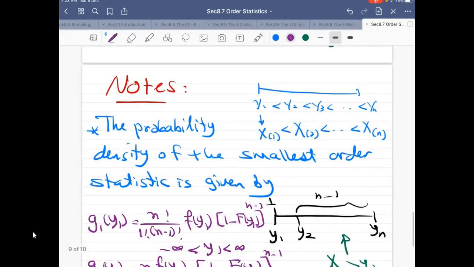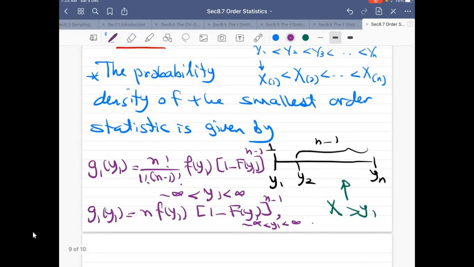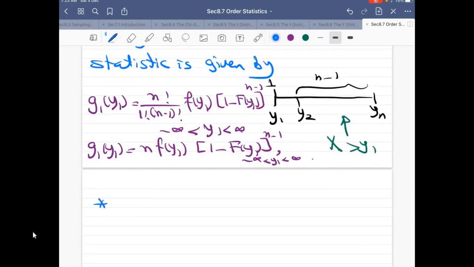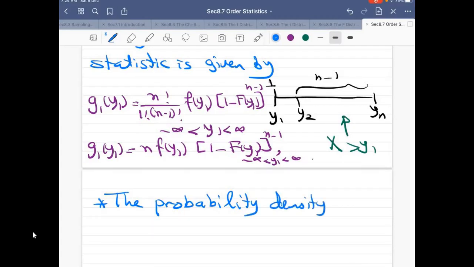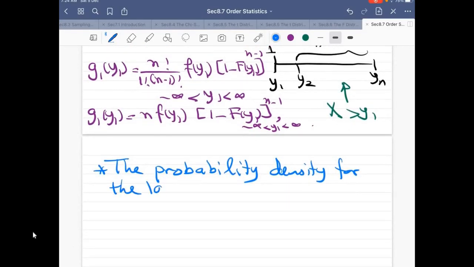Okay, now we derive the probability density for the maximum, for the largest order statistics, or the maximum.